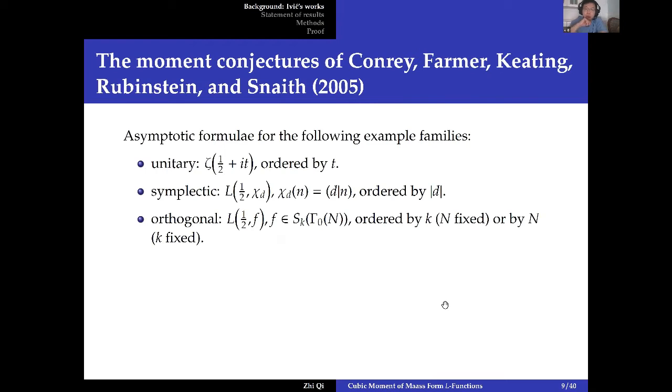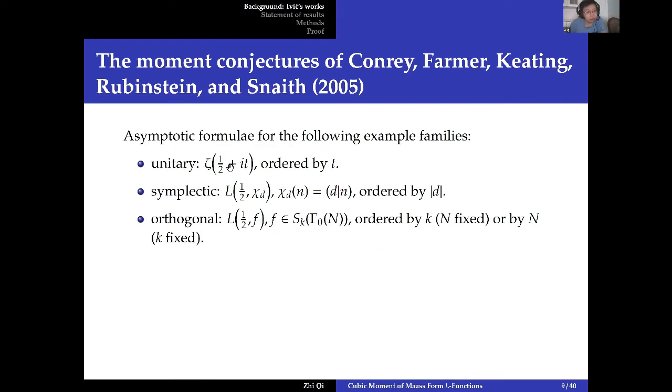And of course, there are also many other moment conjectures by the work of Conrey, Farmer, Keating, Rubinstein, and Snaith in 2005. And probably the conjecture was formulated earlier, but the paper was published in 2005. They consider various families, and according to the symmetry type, there will be a unitary type, symplectic type, and orthogonal type.